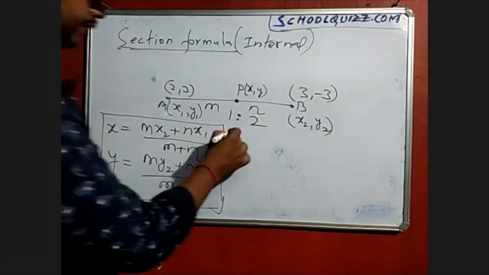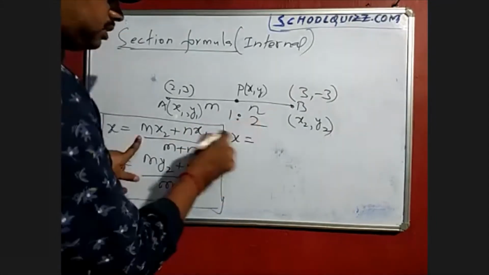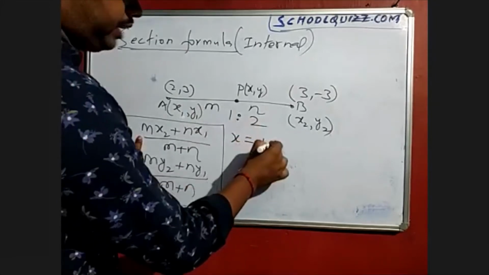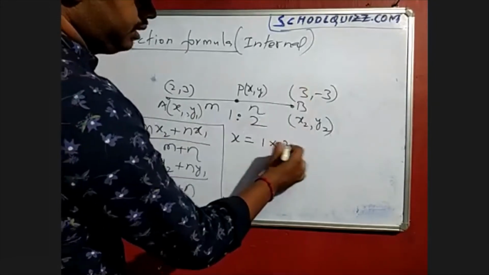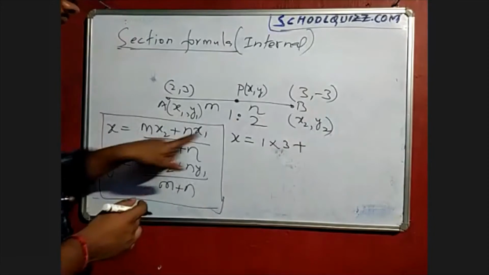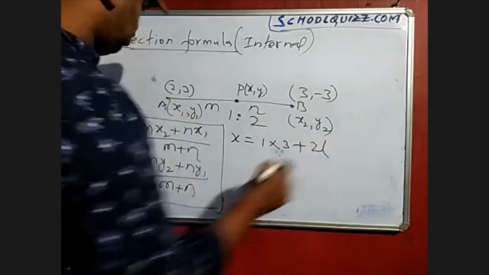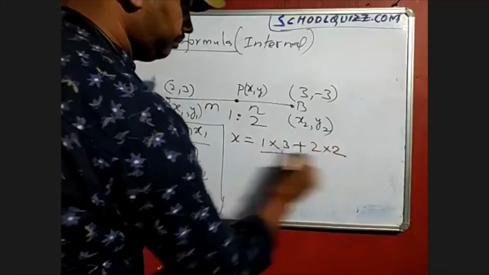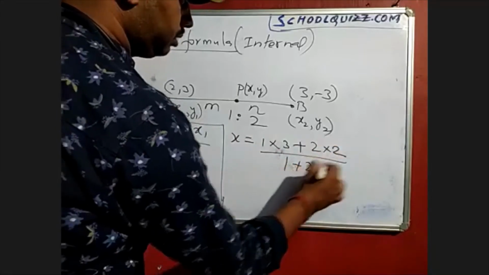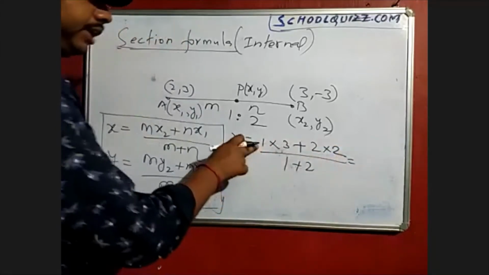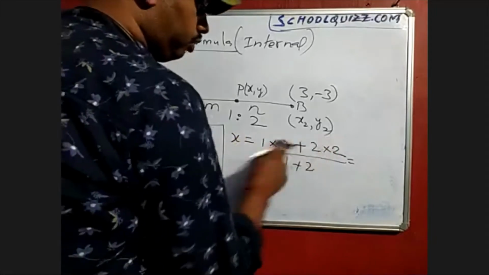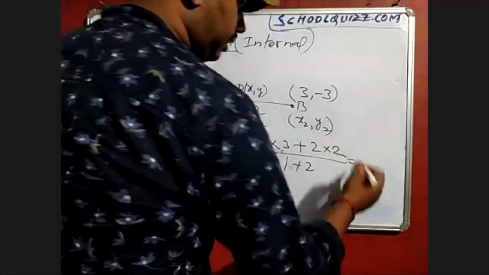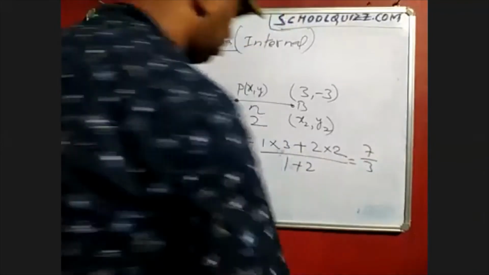Just substitute the values here. m is 1 into x2, so x2 is 3, plus n is 2, and x1 is 2, and m plus n is 1 plus 2. So 3 into 1 is 3, 2 into 2 is 4, 4 plus 3 is 7, and 7 divided by 3. This is the x coordinate.